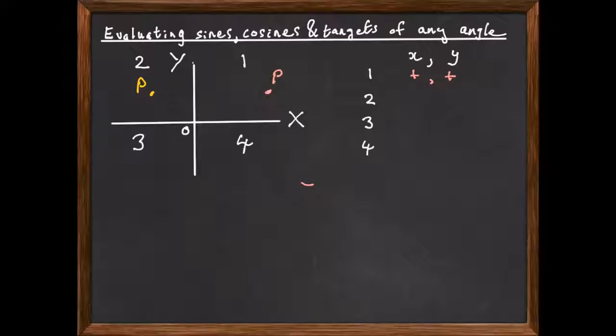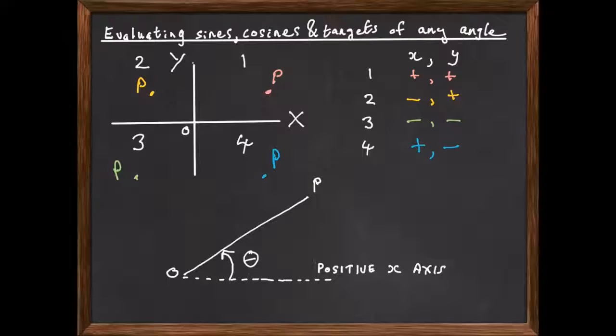If P lies in the second quadrant, then the x-coordinate is negative and the y-coordinate is still positive. For a point in the third quadrant, both the x and the y-coordinates are negative. And for a point in the fourth quadrant, the x-coordinate is now positive, but the y-coordinate remains negative.